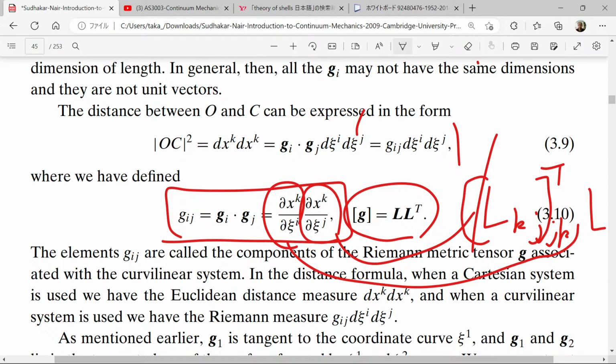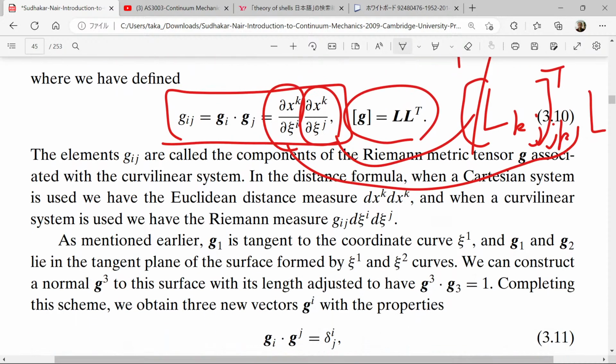The elements Gij are called the components of the Riemann metric tensor G associated with the curvilinear system. In the distance formula, when a Cartesian system is used, we have the Euclidean distance measure dx_k dx_k, and when the curvilinear system is used, we have a Riemann measure Gij dξ^i dξ^j.